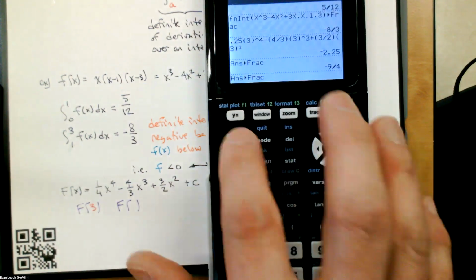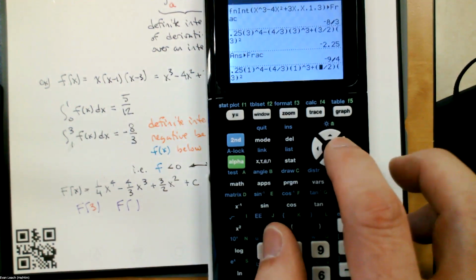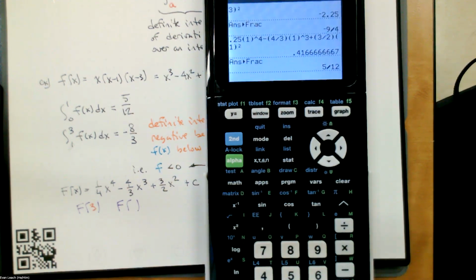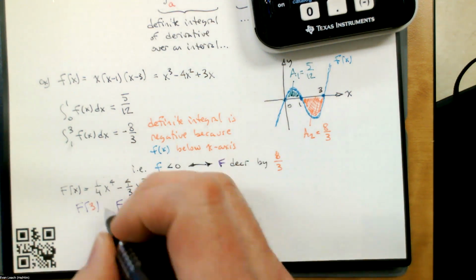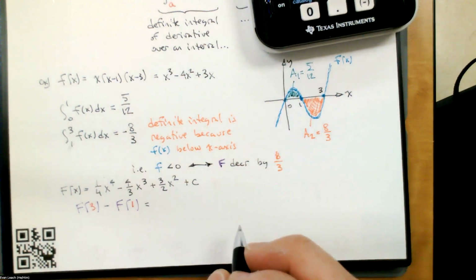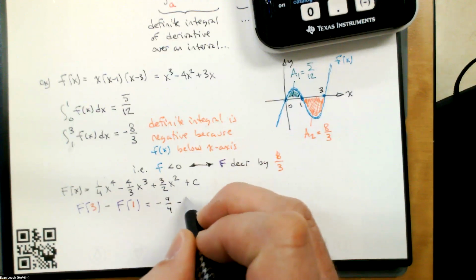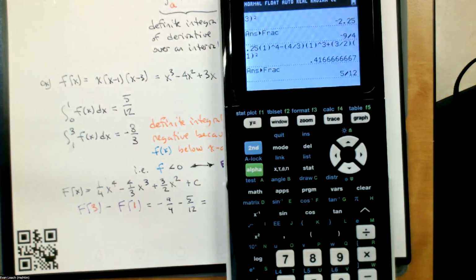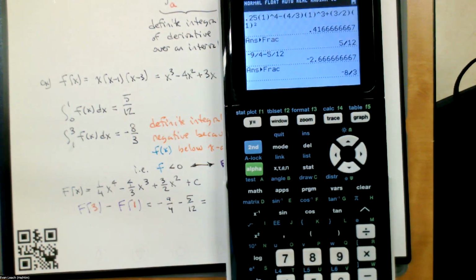And if we evaluate this function at 1, we get 5/12. And if we take -9/4 minus 5/12, we get -8/3.